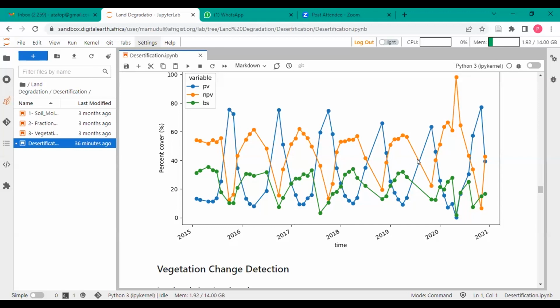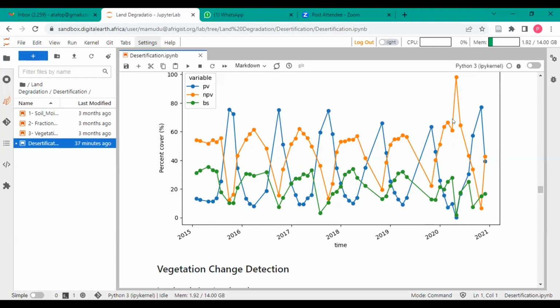And that translated into most years in our time study. However, we can see sometime in 2020, we seem to have a lot of non-photosynthetic vegetation and lower amounts of green vegetation, that's PV. Now, this also still tallies with what we saw when we looked at the soil moisture, where we saw that soil moisture seemed to have been at its lowest around 2020.